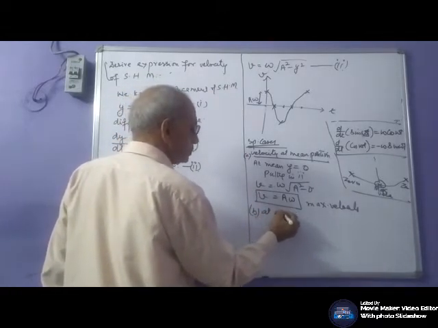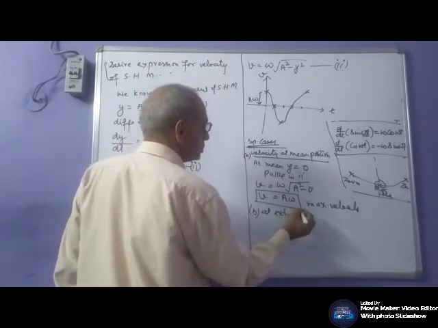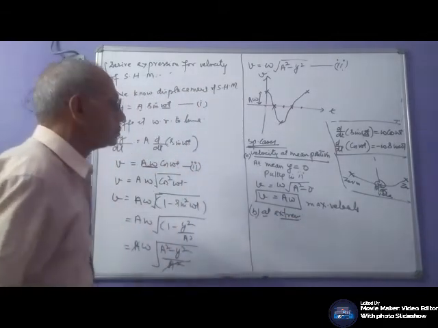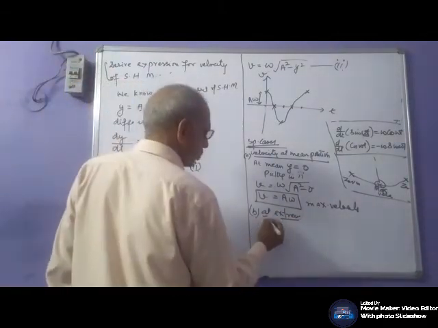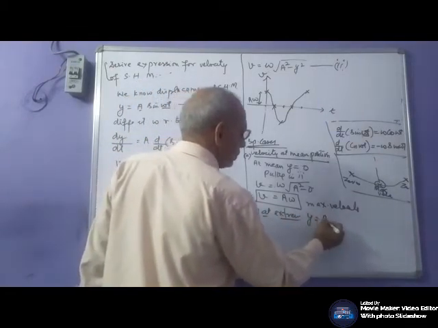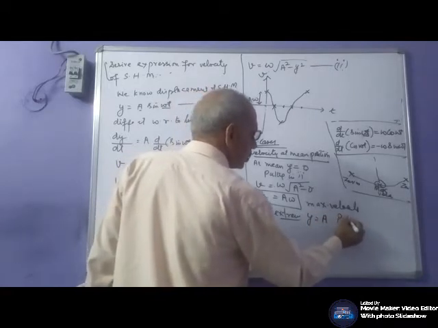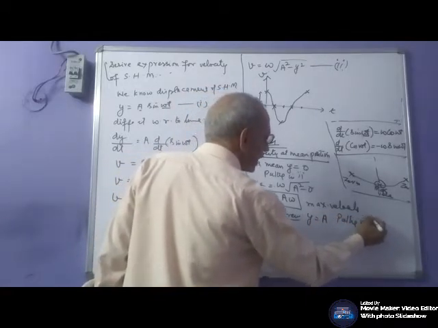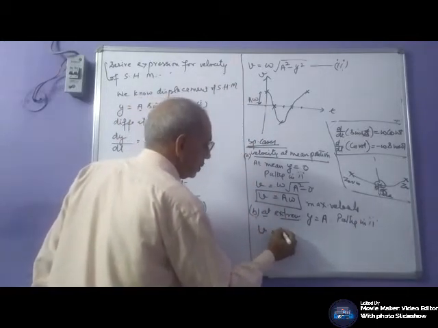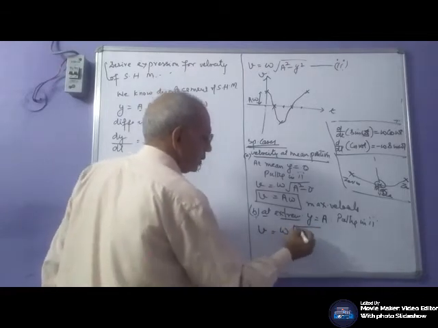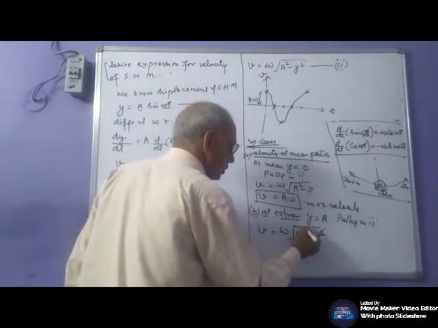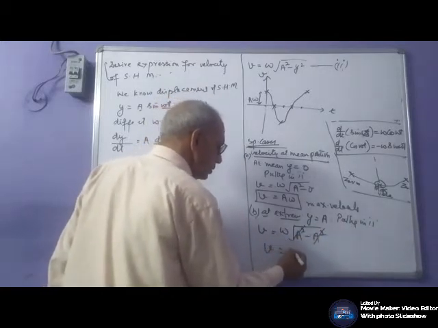At extreme, y is capital A, putting in the second equation, v is omega under root A square minus A square, so it is 0, v is 0.